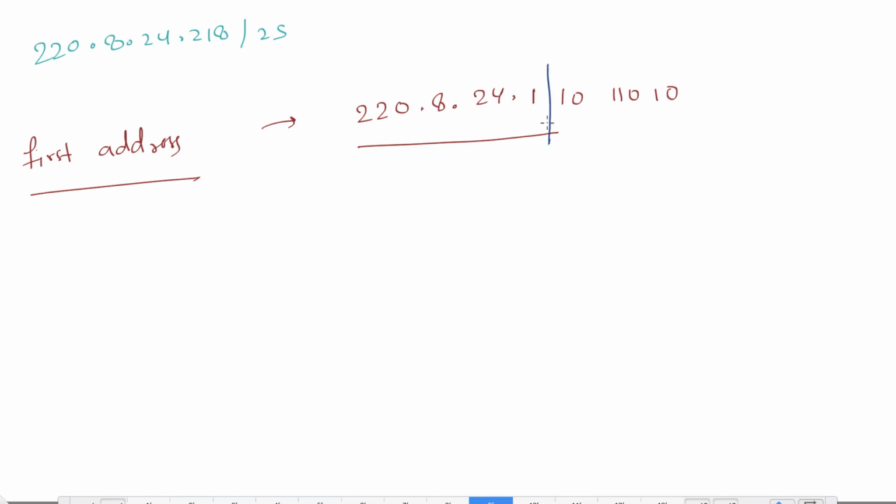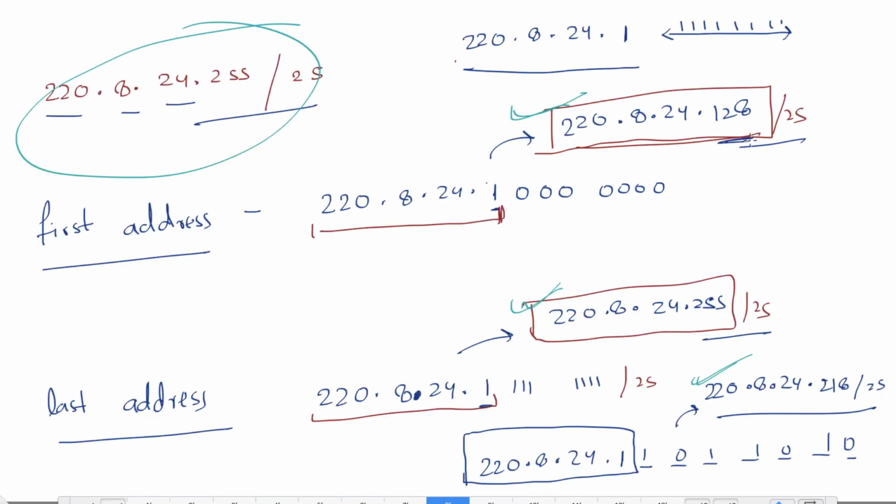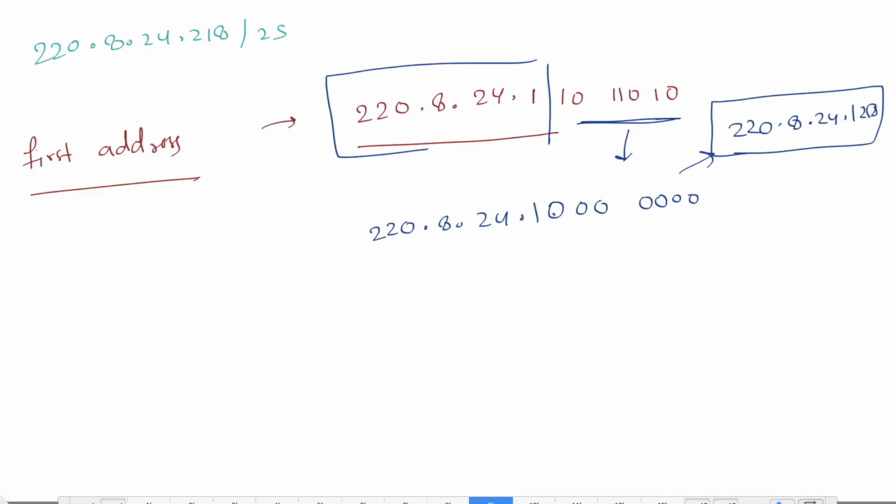You will say these bits are fixed, and then for the first address you convert the rest to 0s. So it will be 220.8.24.10000000, which is nothing but 220.8.24.128. This is the first address, which is the same as before, because all of these representations represent the same network.